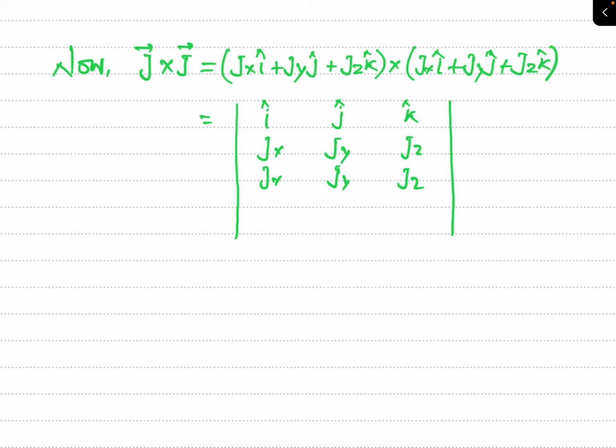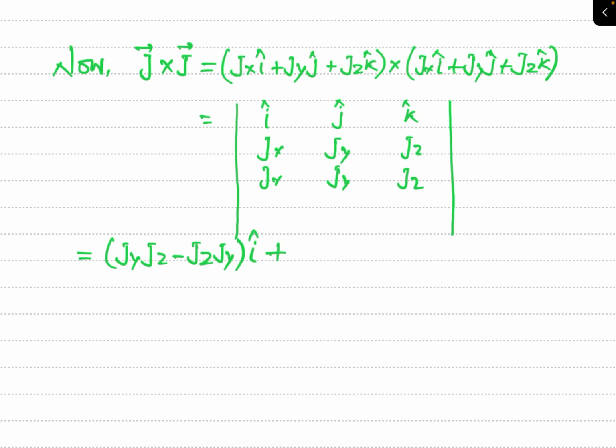Now simplify this result a little bit. This will be equal to (jy jz minus jz jy) i.